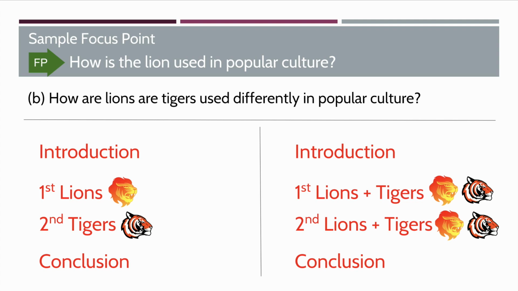But on the right-hand side, we have an essay which starts with the introduction, just like the first one. However, the first paragraph includes information about lions and tigers, and then the second paragraph includes information about lions and tigers, and then your conclusion at the bottom.